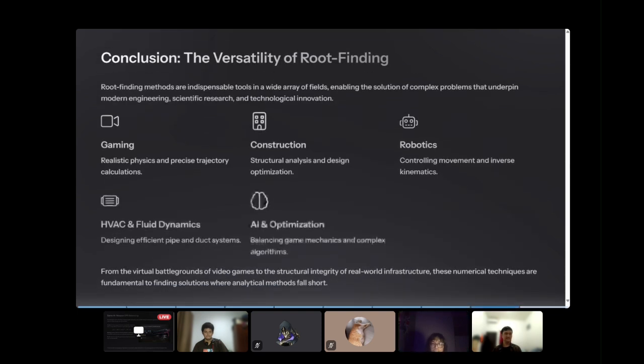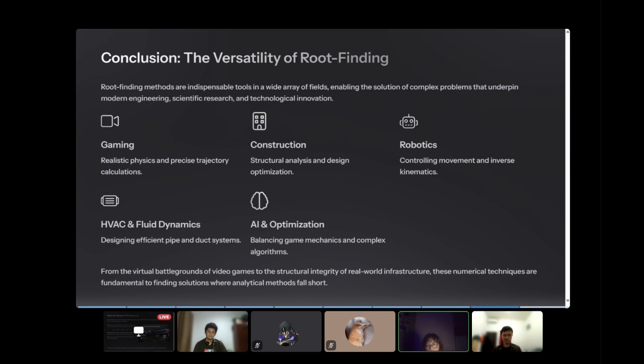Next. In conclusion, root finding methods are indispensable tools in a wide array of fields, enabling the solution of complex problems that underpin modern engineering, scientific research, and technological innovation. In gaming, it's used for realistic physics and precise trajectory calculations.